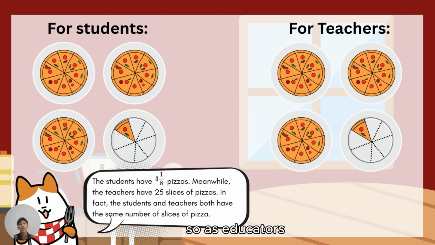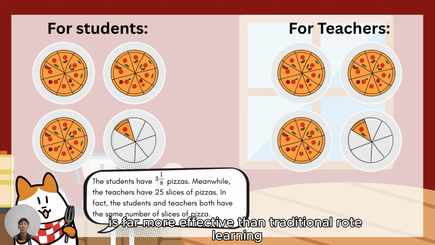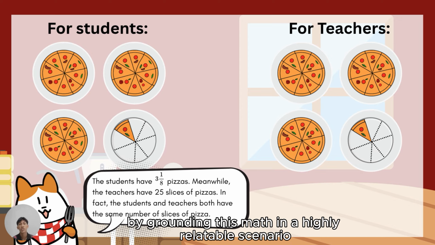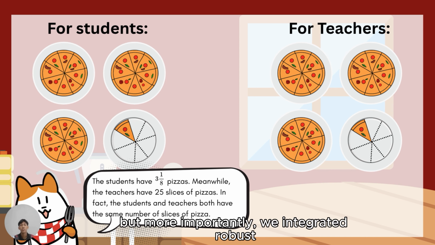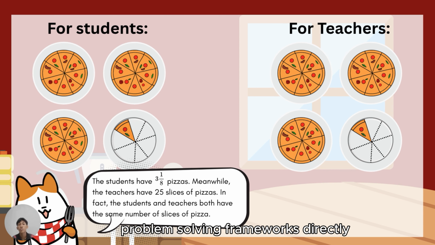As educators, we must reflect on why a lesson like this is far more effective than traditional rote learning. By grounding this in a highly relatable scenario, we remove the intimidation factor of mixed fractions. But more importantly, we integrated robust problem-solving frameworks directly into primary education.